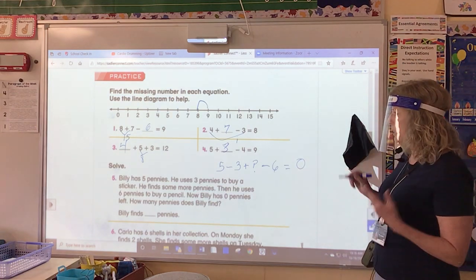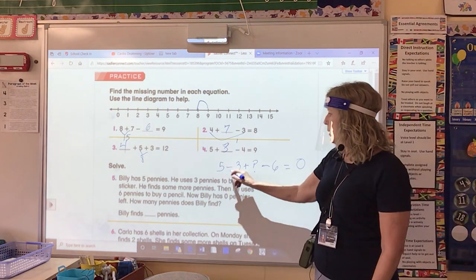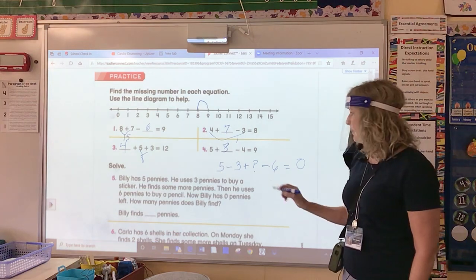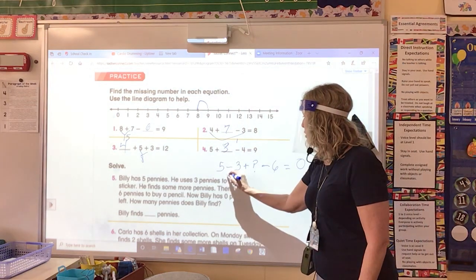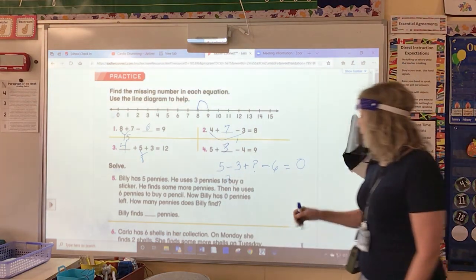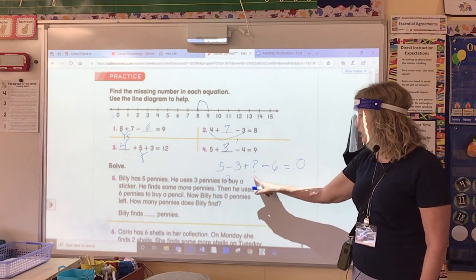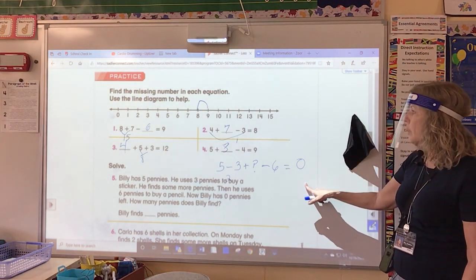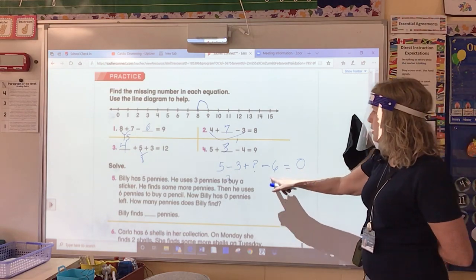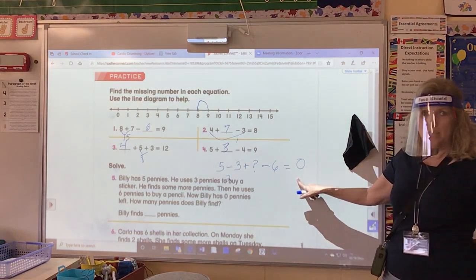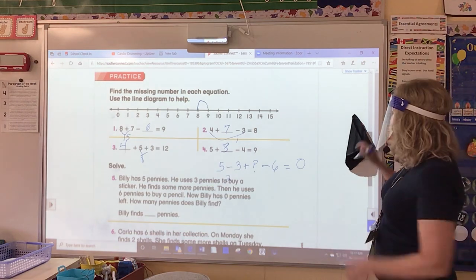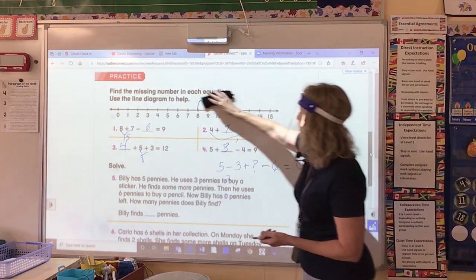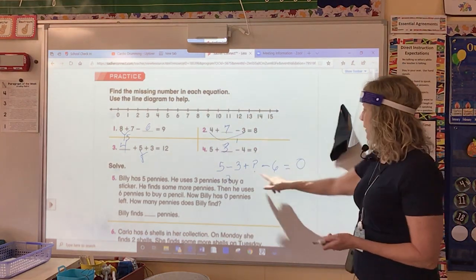Okay, so we're gonna do what we know. So 5 minus 3 equals? 2. Okay, so 2 plus our question mark minus 6 equals 0. All right, so we're going to start with our 6 because we have a 0 here, so we can figure out what that is.